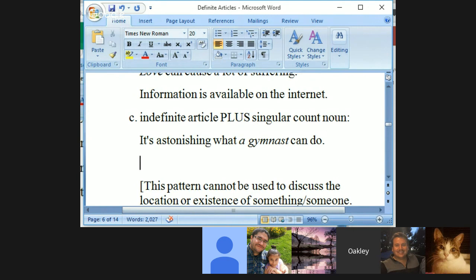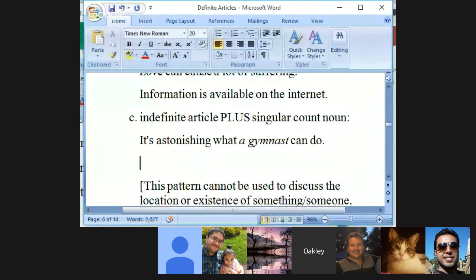Okay, Victor, can you give me an example of using an indefinite article with a singular countable noun to talk about it in general? For example, it's incredible the things that a child can learn on the internet.